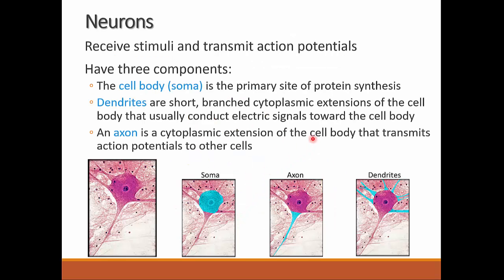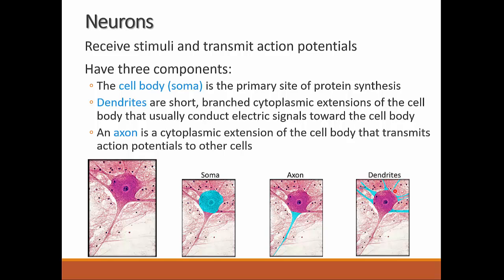So first, looking at the neurons. Neurons have three main parts. You have the soma, which is the overall cell body. Remember, in the cell body, you have the nucleus, nucleolus, and other organelles. You have other extensions off the cell body, like the axons and then the dendrites.